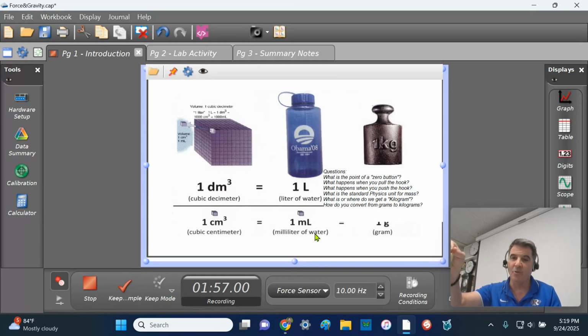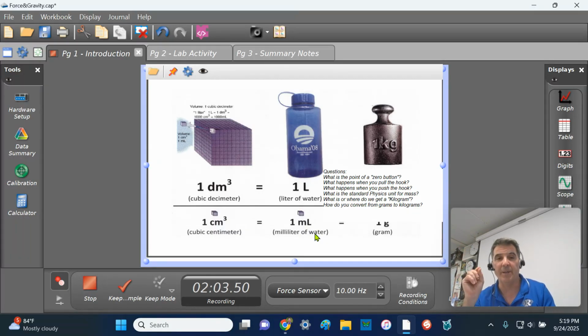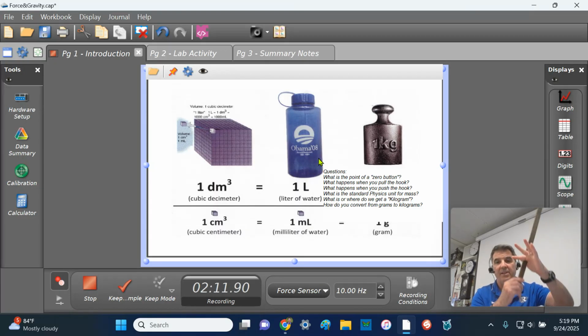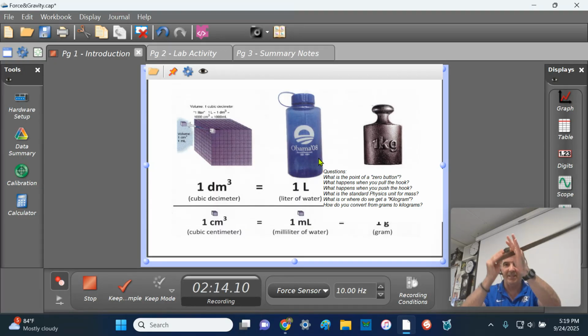Every single weight increment is precisely what it is compared to an equal measure of water, right? Now, a liter itself is a cubic decimeter, which means a 10 by 10 by 10 cube.